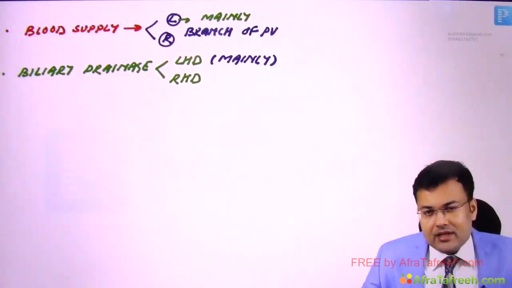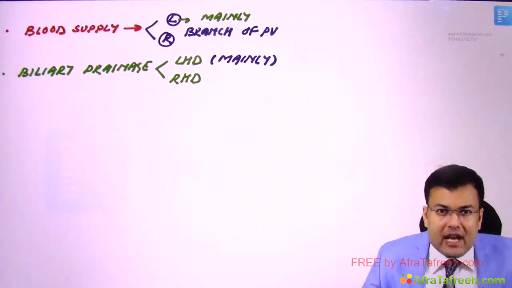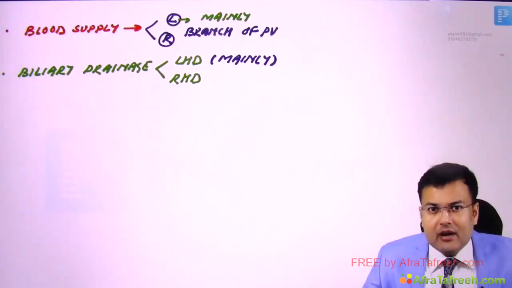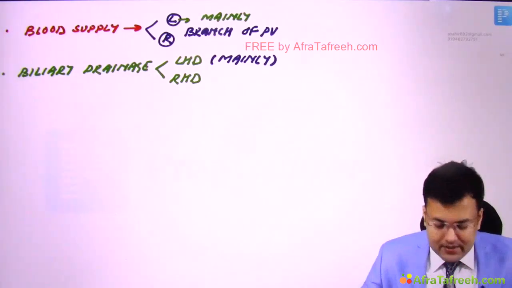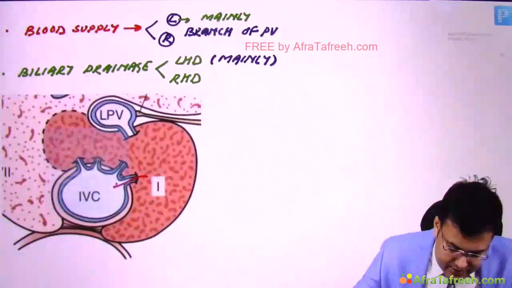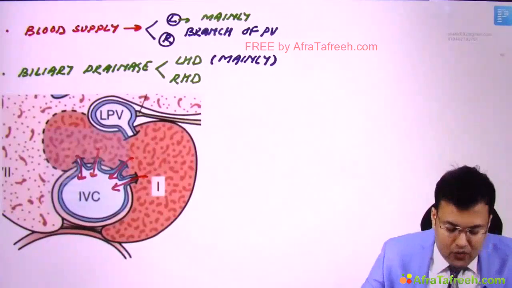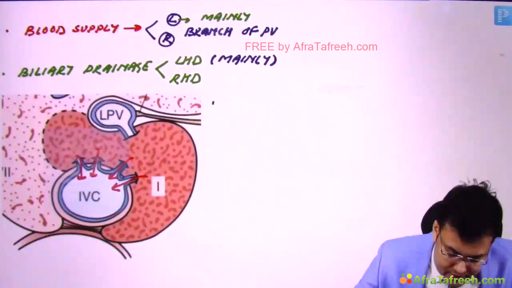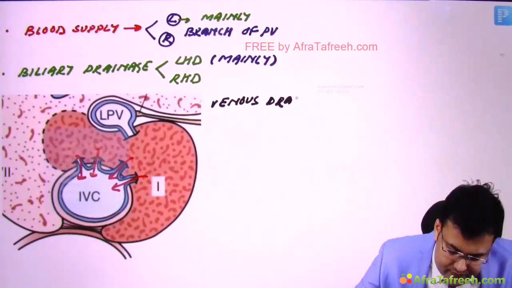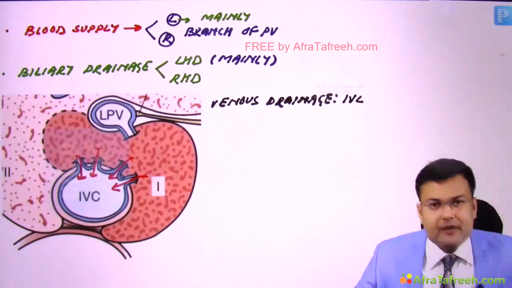But the venous drainage of caudate lobe goes directly into the inferior vena cava via 6 to 10 branches. So the venous drainage goes directly into the IVC.